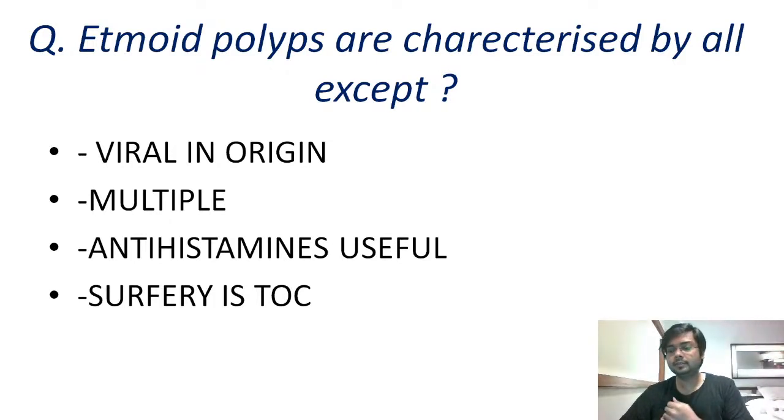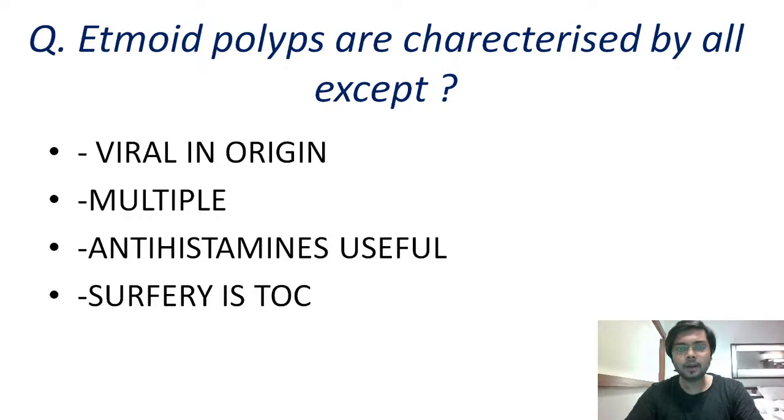First tell me the answer, then we can move to the CT scan picture, showing how you can diagnose this polyp once a patient brings a CT scan of the nose and paranasal sinuses to you in the OPD. The options: viral in origin, multiple, antihistaminics are useful, surgery is treatment of choice.